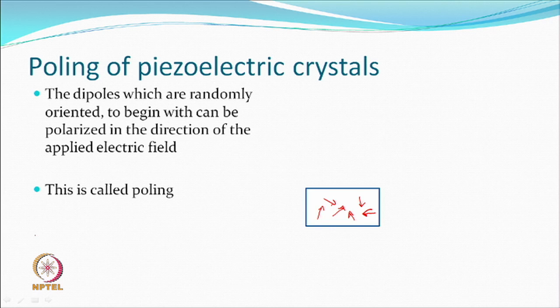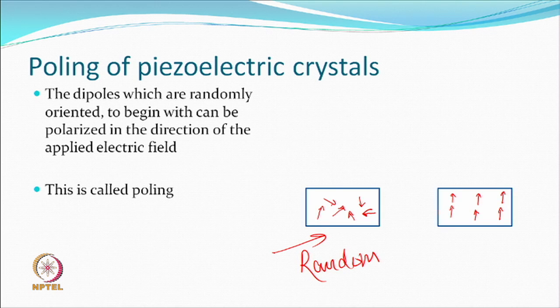Like for example, you have randomly oriented entities, they can become polarized if you have, let us say, a field getting created.